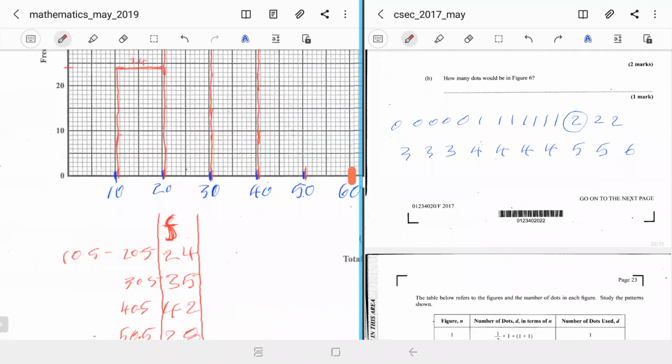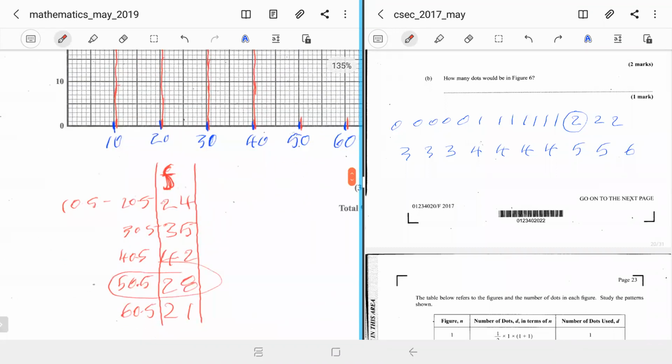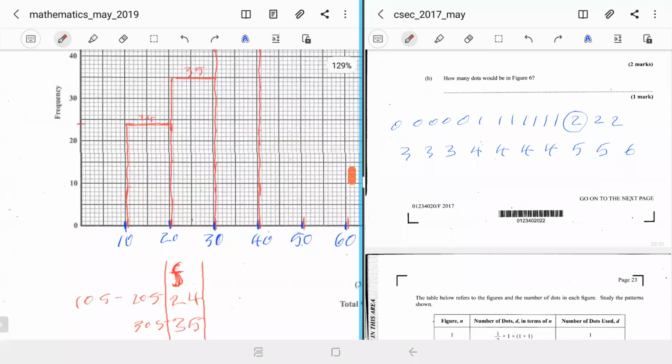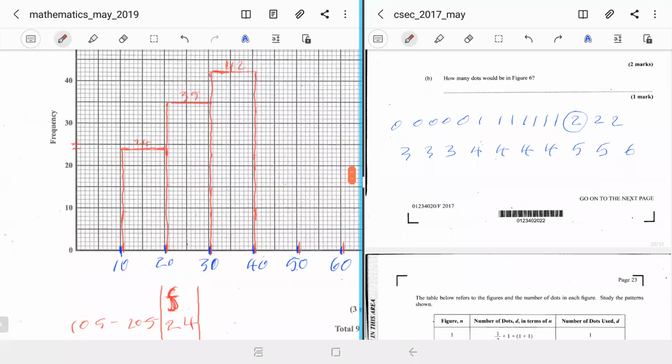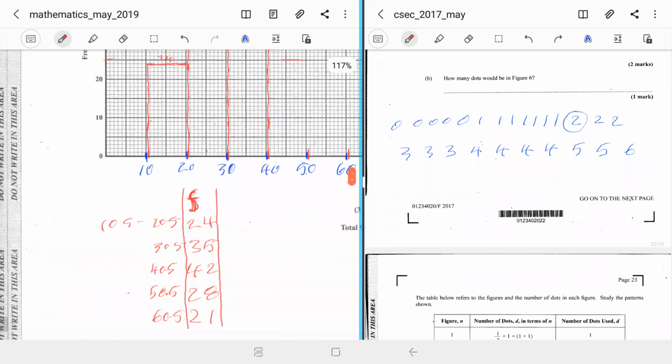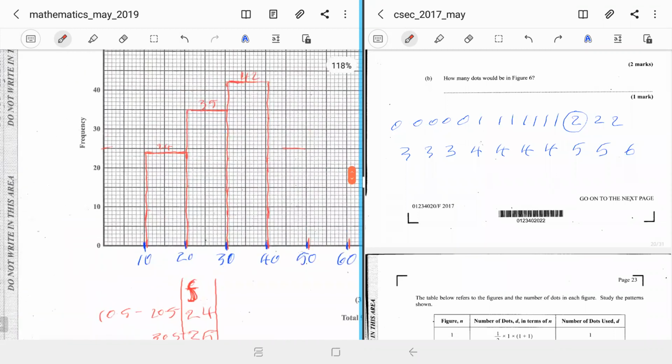The next value is 28. The next bar drops down to 28. That's a 25 here, so it's 3 lines above the 25 line. This is the 25 line. We're 3 lines above the 25 line. So I'm coming up here. 25, 26, 27, 28.